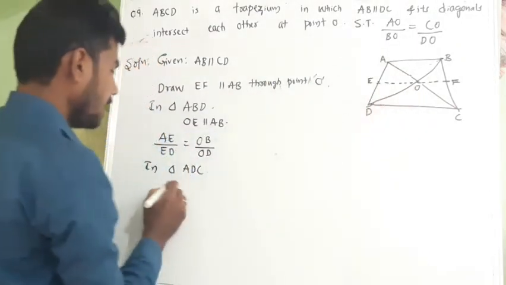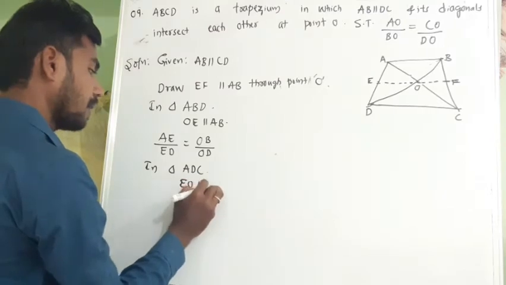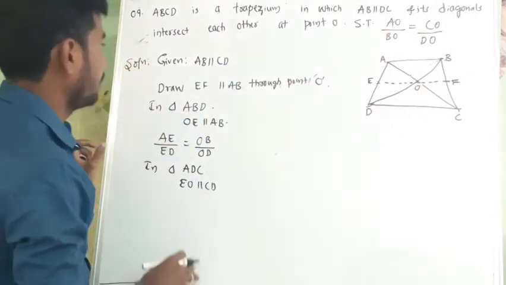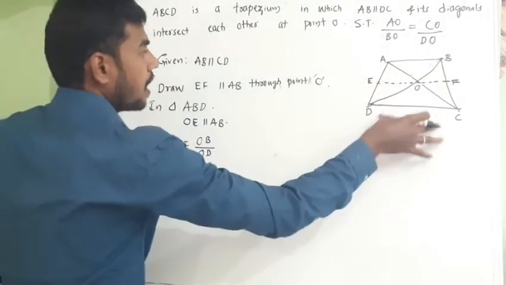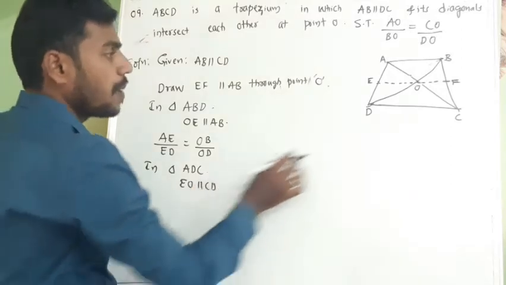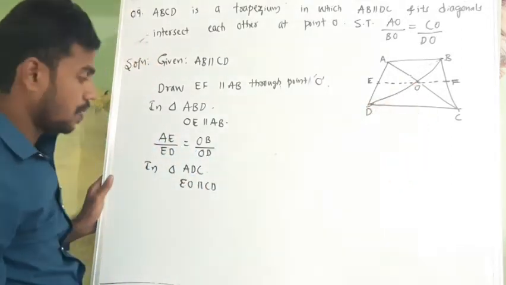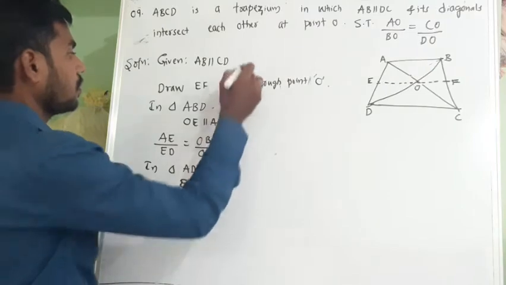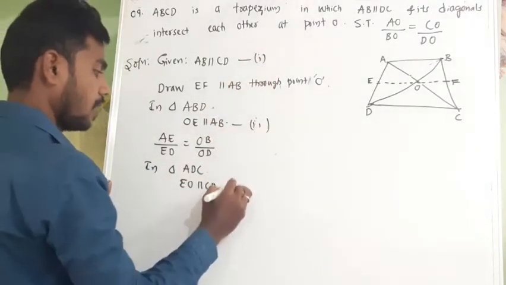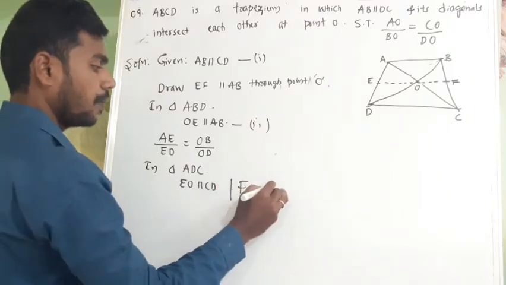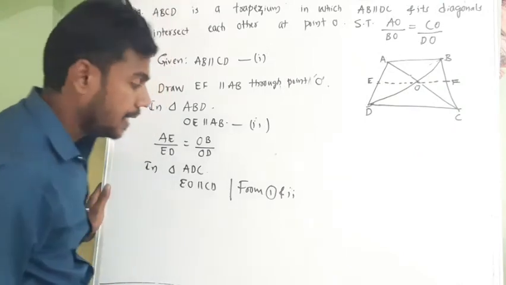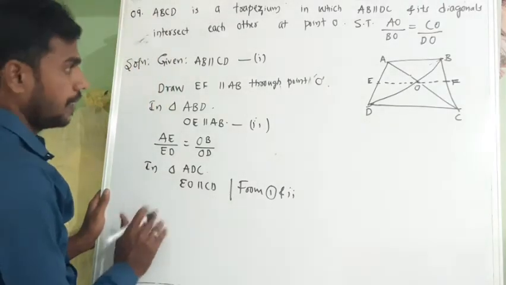Now, in triangle ADC, EO is parallel to CD. See, obviously, if AB is parallel to CD and I am drawing EF parallel to AB, then I can say EO is parallel to CD. From 1 and 2, I can say EO is parallel to CD. Now what can I write?